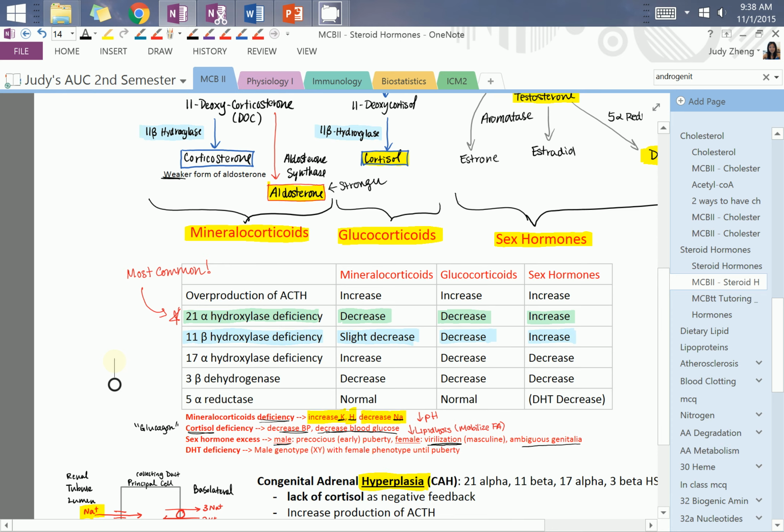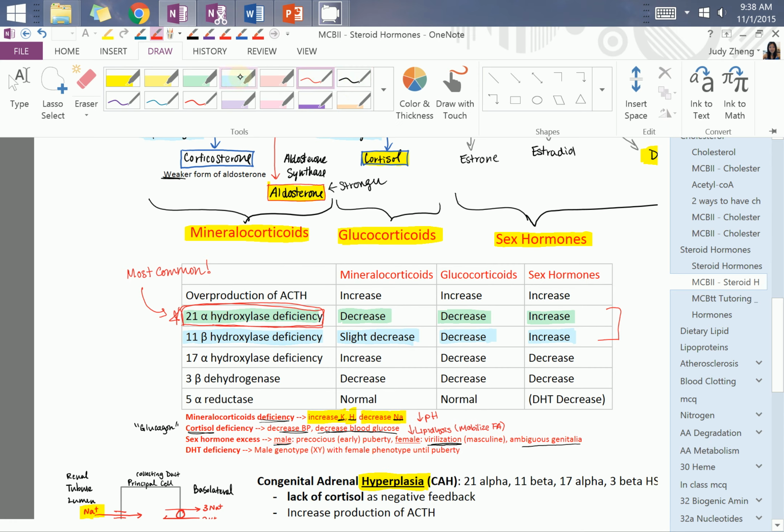So on an exam, if they give you a list of symptoms that sound very similar, so these two might sound very similar, and they ask you what is the most likely cause, then it would have to be 21 alpha hydroxylase, because being more prevalent and more common, you would think that this is the most likely cause of those symptoms.